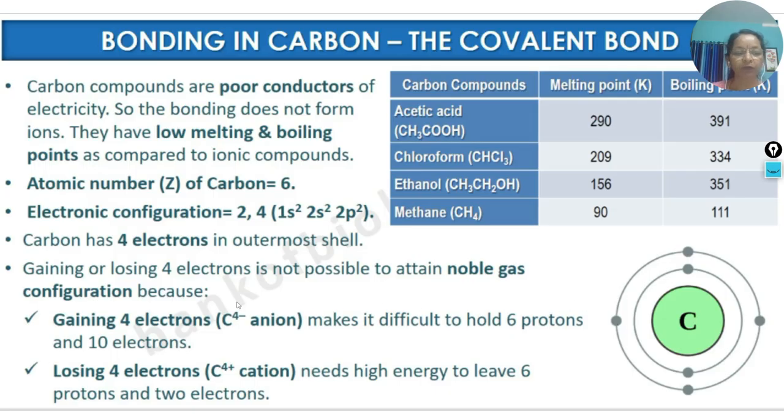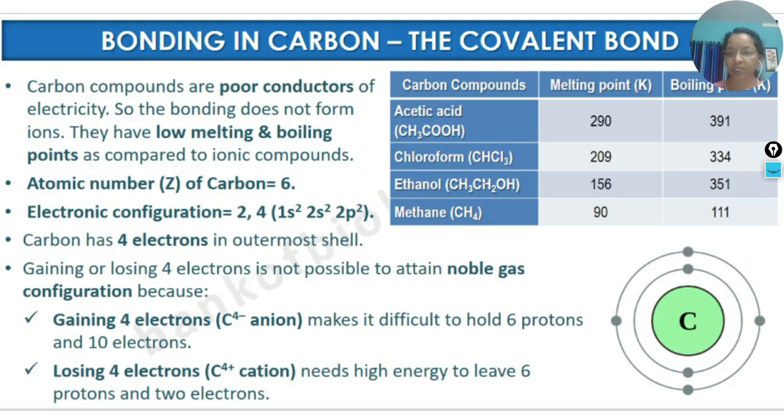So what if it gains 4 electrons? Gaining 4 electrons forms a C4- anion. Okay, this makes it difficult, holding 6 protons and 10 electrons. We can find the 6 protons in the nucleus of the atom.